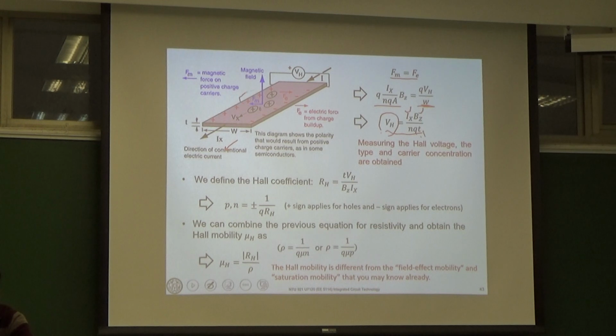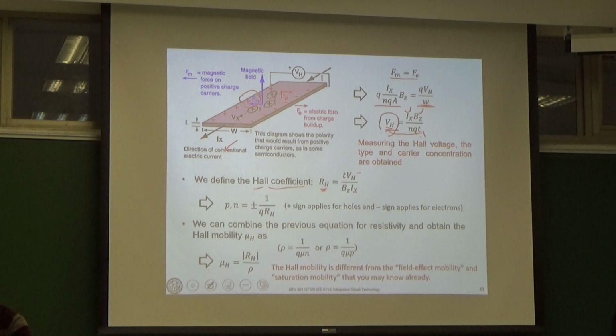So this creates Fm pointing to your left-hand side, and you have another force, Fe, the electrical force, pointing to the right-hand side to counter this and prevent charge buildup. Now we can measure this voltage, or we can define another Hall coefficient called RH, which is related to your VH.